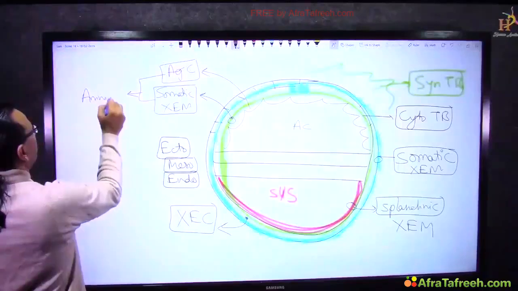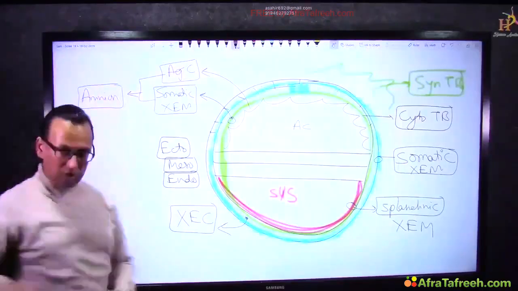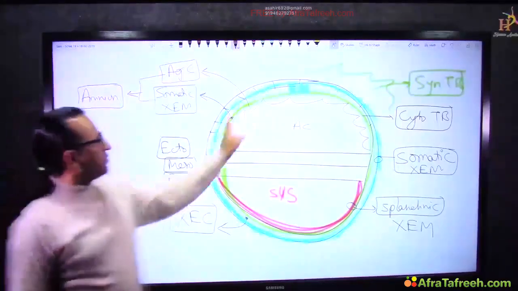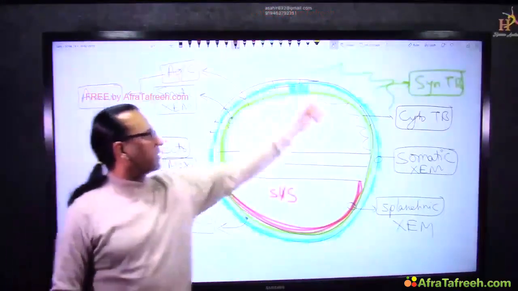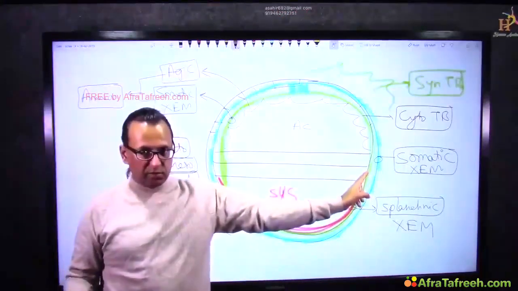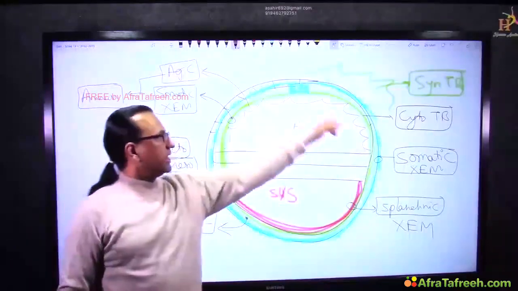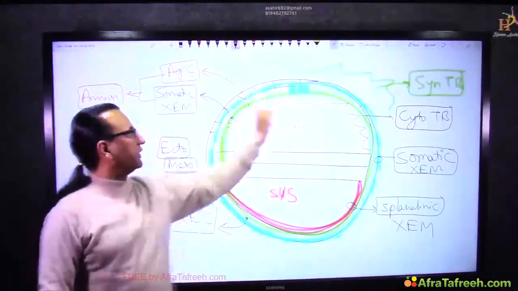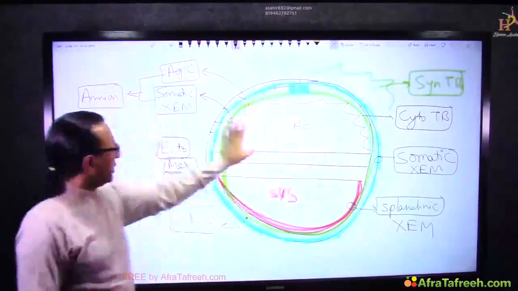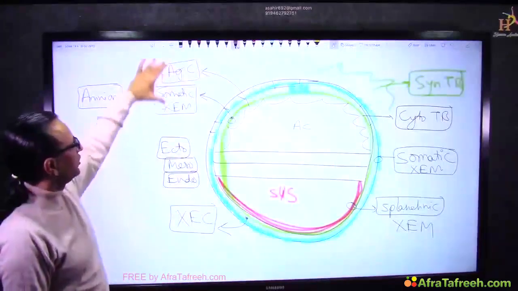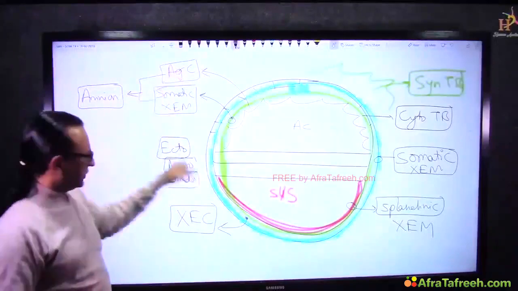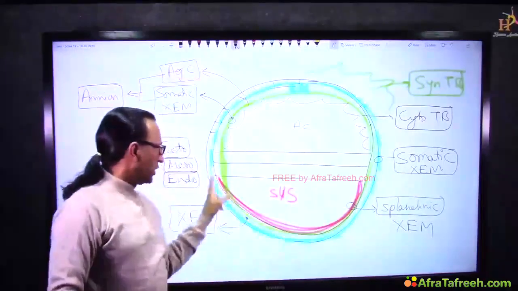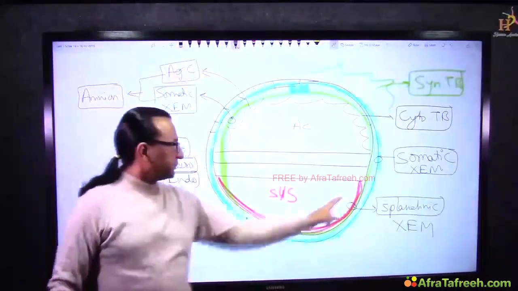This membrane is called the amnion membrane. First of all, amnion is the membrane which will cover the amniotic cavity, contributed by amniogenic cells and also extra embryonic mesoderm. Which one? The somatic extra embryonic mesoderm. And where is the visceral? Visceral is just covering the secondary yolk sac.